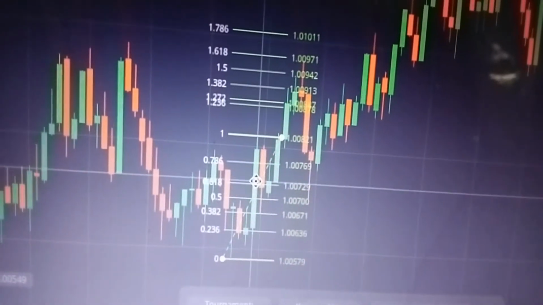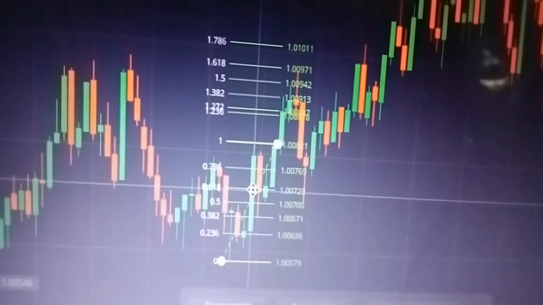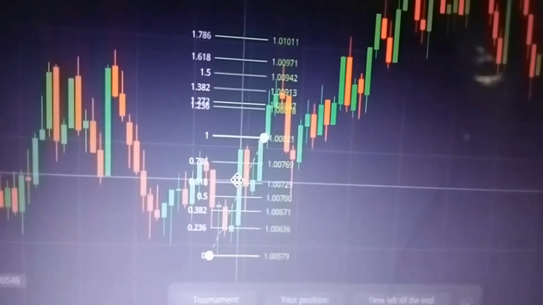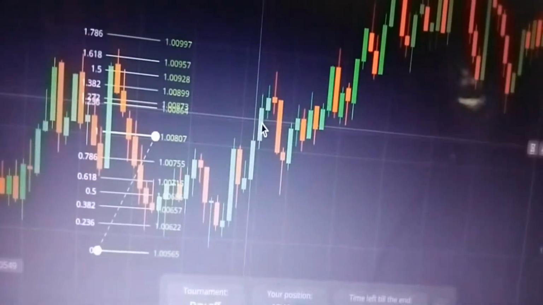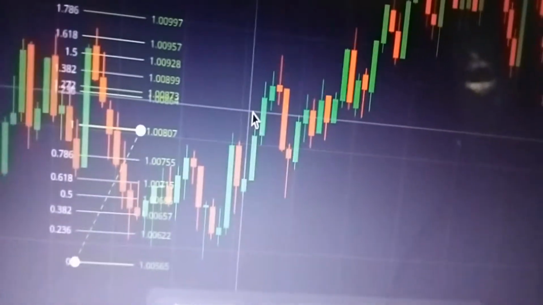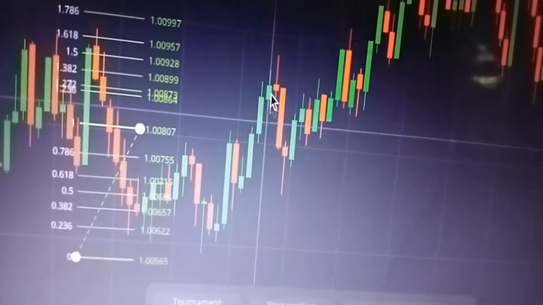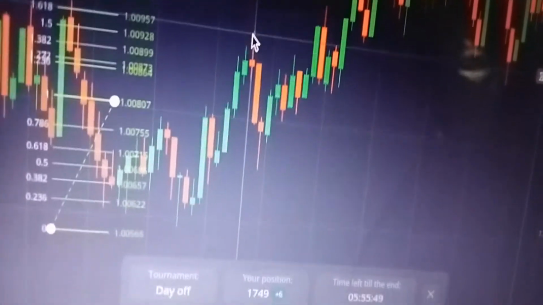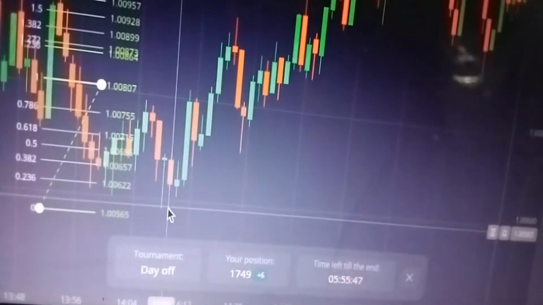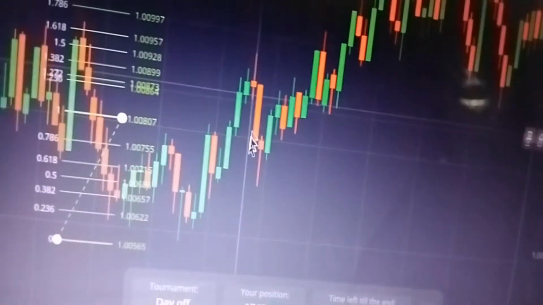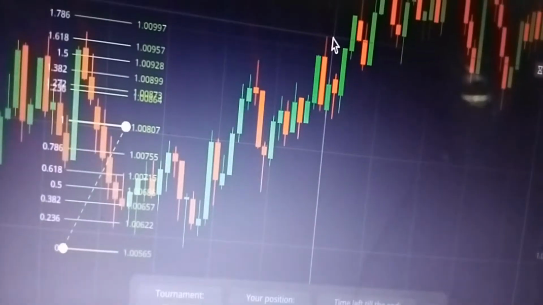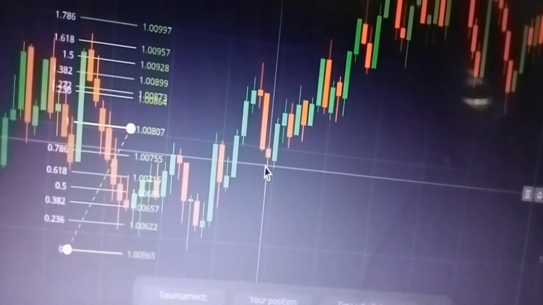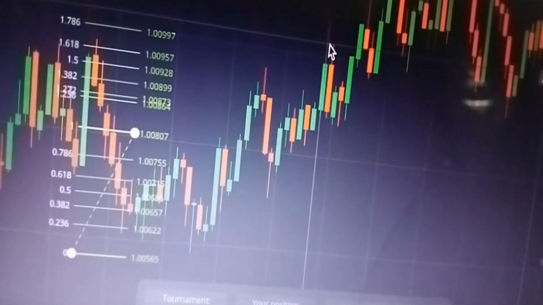Pressed higher. What does that mean? It means there is a break of structure. Where? Right there. There is a break of structure right there. We broke. We have a new swing high to this swing low.